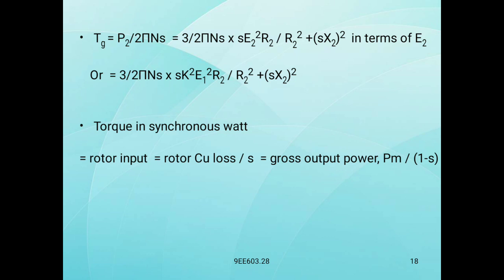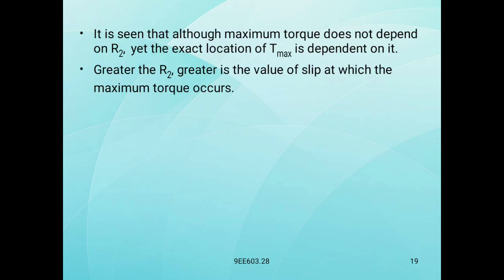Once again we are repeating this for doing the problems. So it is seen that although maximum torque does not depend on R2, the location of Tmax does depend on it. The greater the R2, the greater is the value of slip at which the maximum torque occurs.